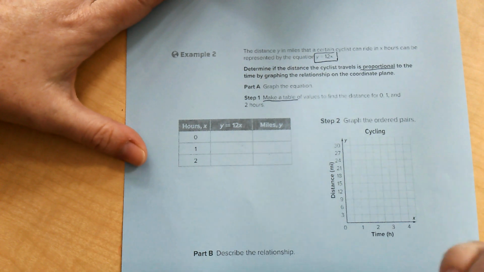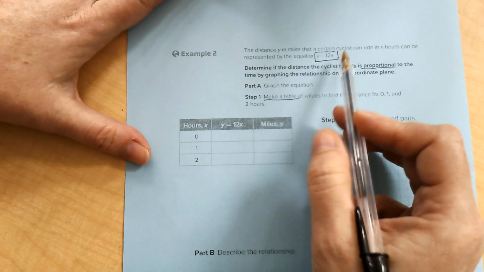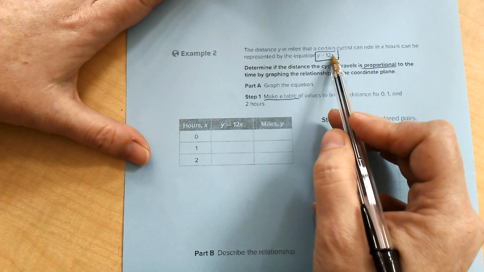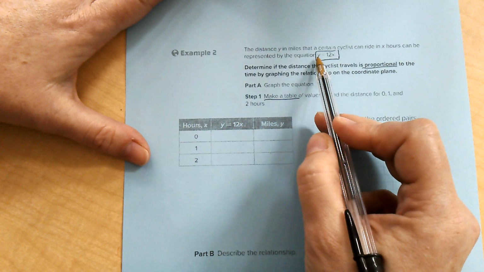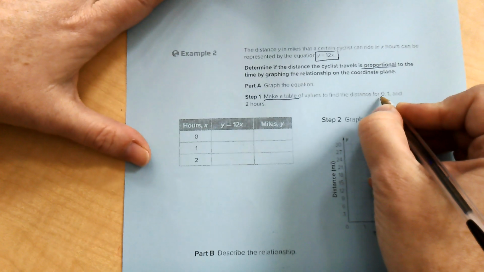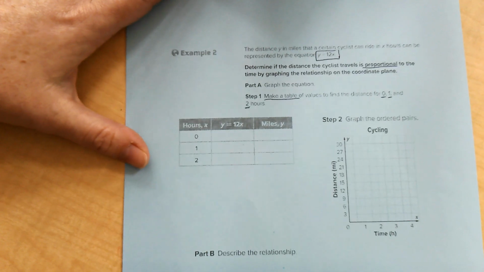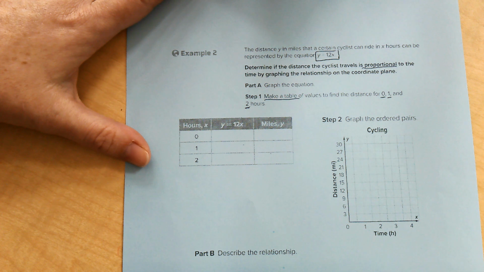In math, when we have an equation with x and y, we can choose the inputs, or the x's, to find the value of y. We always choose 0, 1, and 2. It's just a mathematical standard to make our math life easier.